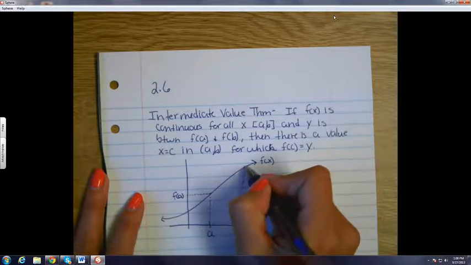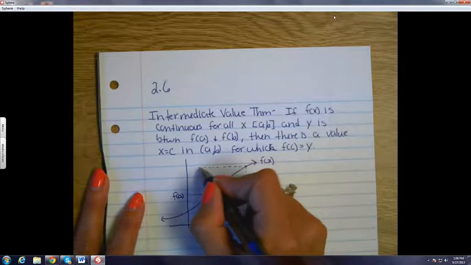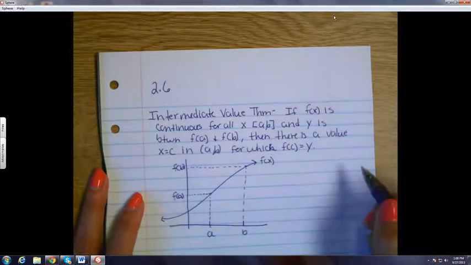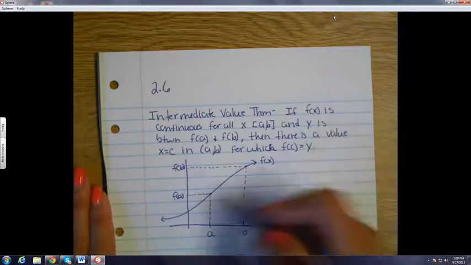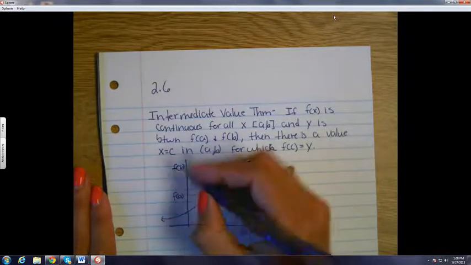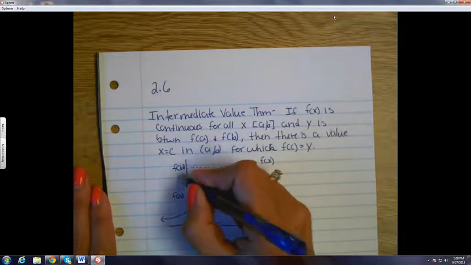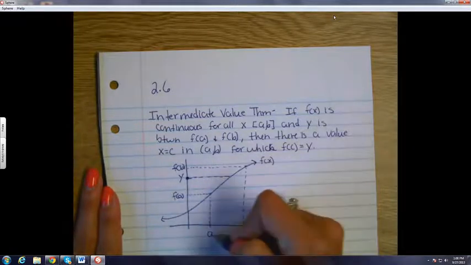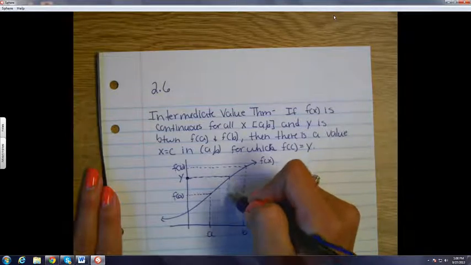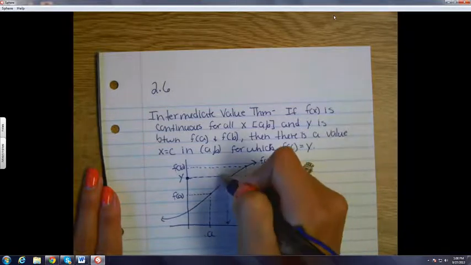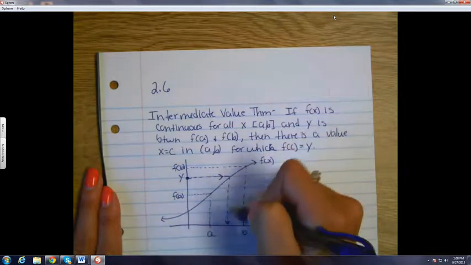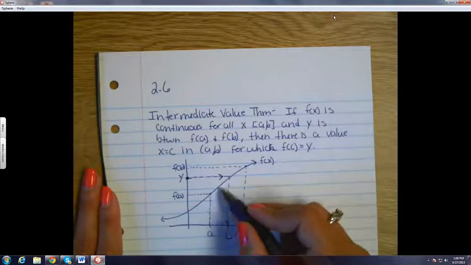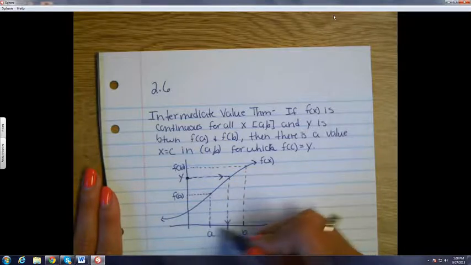Here's my corresponding y value for the b. Now what they're saying is, if I pick a y value between here, anywhere in here, the corresponding x value should be between the a and b that were established down here. So we're starting here, we should be able to find this c value. That's only going to happen if it's continuous on the interval from a to b.